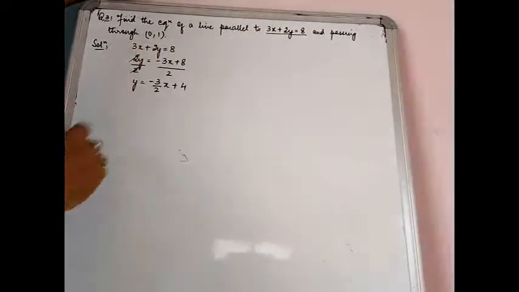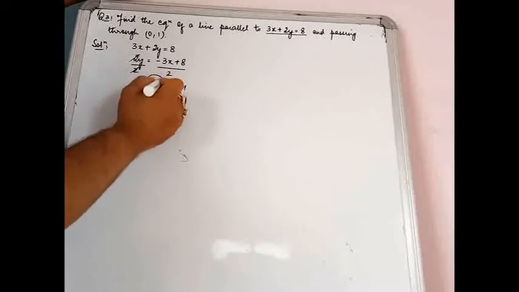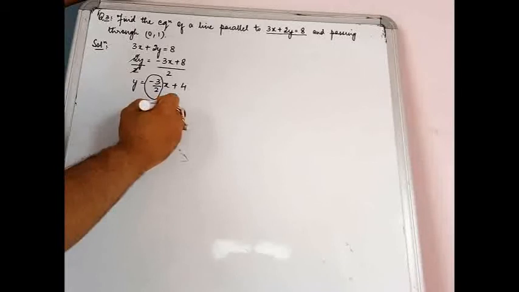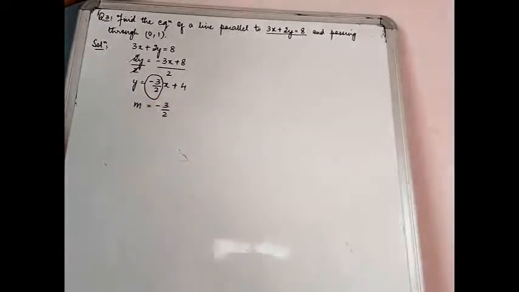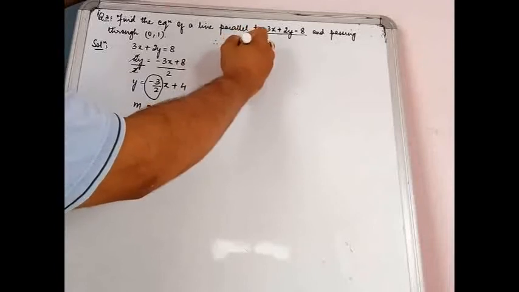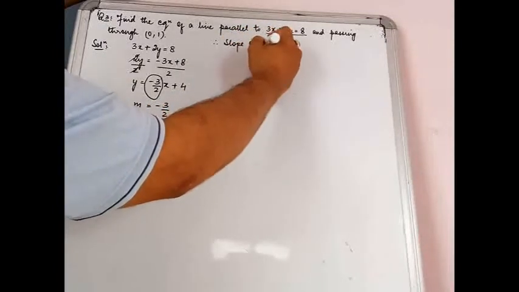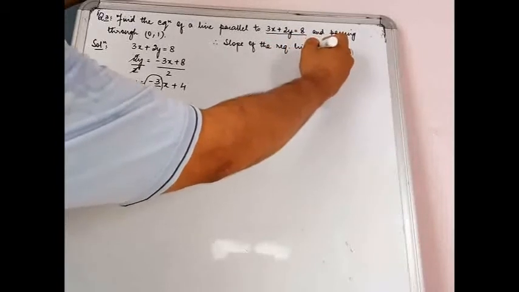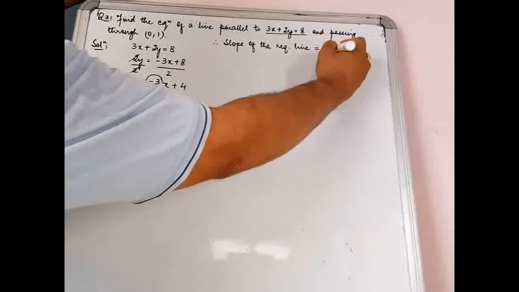Okay, so we see that the slope of this given line is minus 3 by 2. So we will write, therefore slope of the required line will also be equal to minus 3 by 2. Why? Because the lines are parallel.